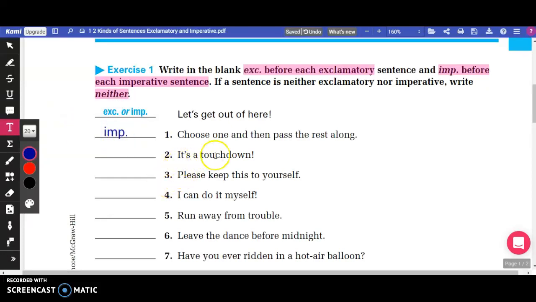Next sentence. It's a touchdown. Now, I know this isn't telling me to do something. It does seem to have strong feeling because there's an exclamation point. And I know that because there's this exclamation point, it can't be declarative and it can't be interrogative. So I know that it must be exclamatory.